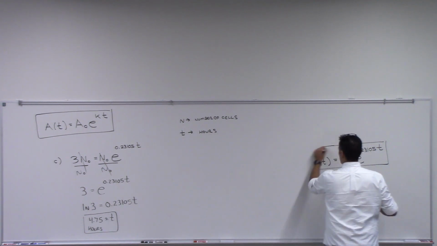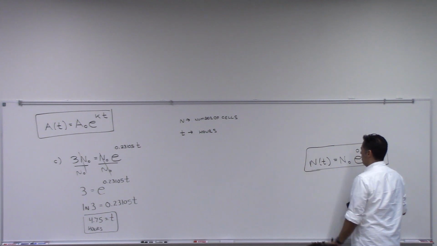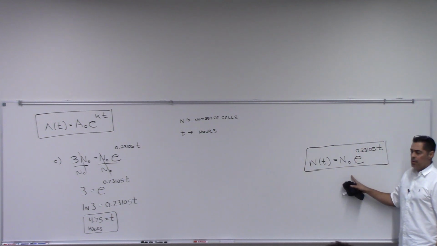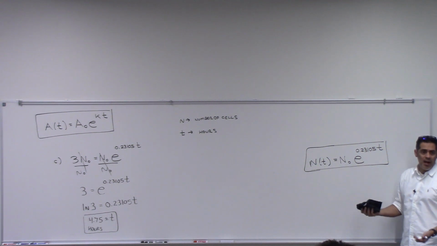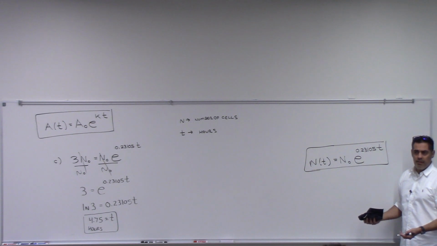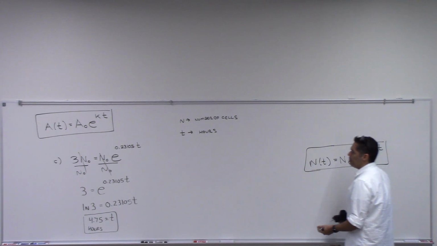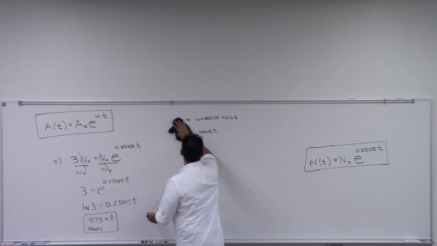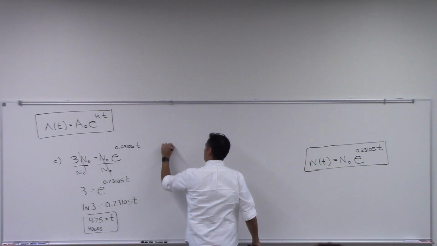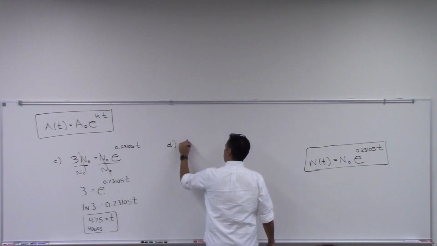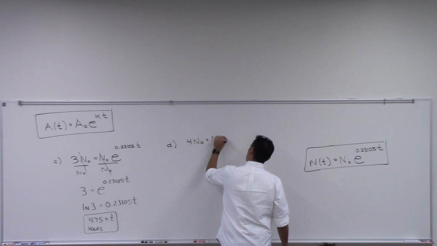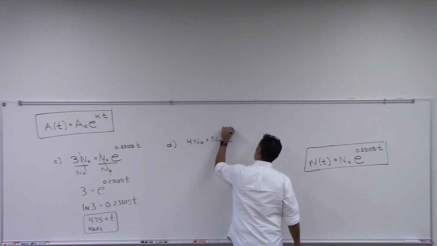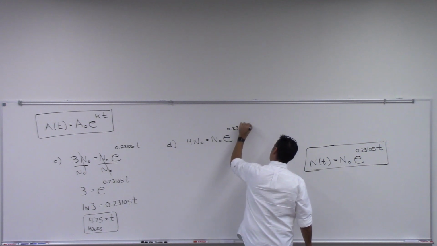I want to leave this formula here. This is our master formula, right? So I want to know how long it takes to double a second time, which means to quadruple, to be 4 times what it started, right? So for part D, we're going to say 4 N naught equals N naught e to the 0.23105t.